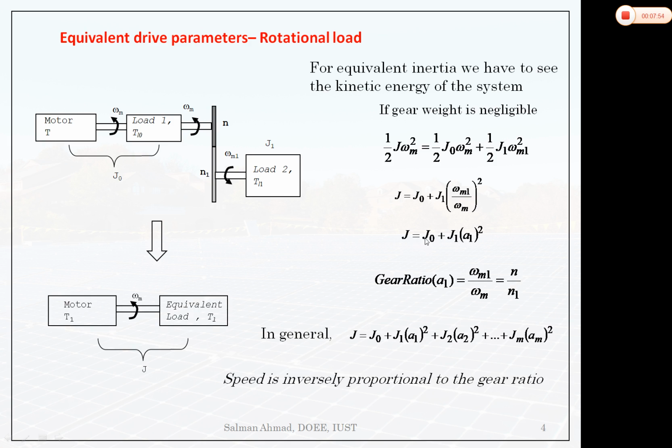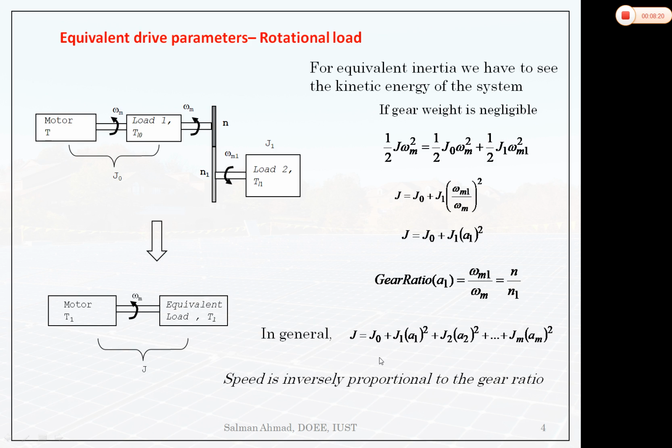So we got the equivalent moment of inertia as J is equal to J naught plus J1 a1 square. You can see from this equation that whatever load is directly coupled to the motor, we directly add. Other loads having some gear ratios, we multiply by that square, a1 square times J1, to reflect it to the motor side.